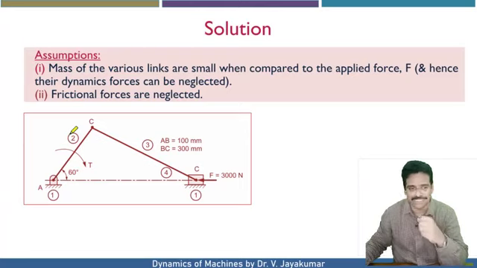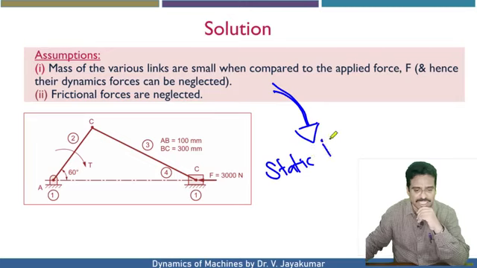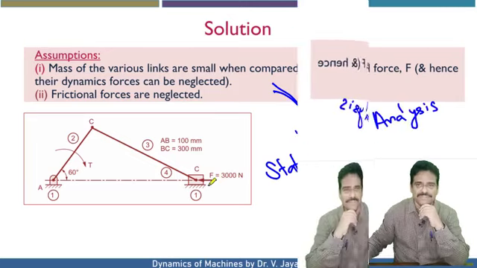The second assumption being, we do not consider the frictional forces between piston and the cylinder and so on. This assumption makes this problem suitable for a static force analysis problem.